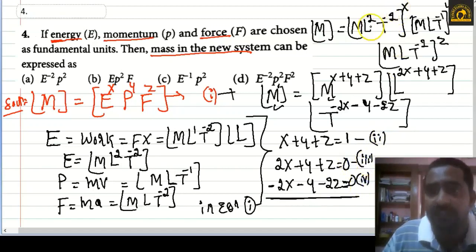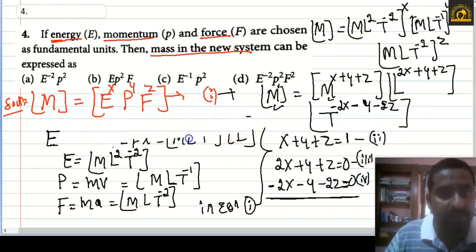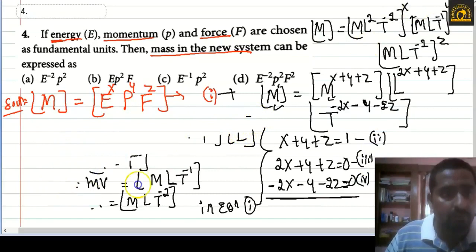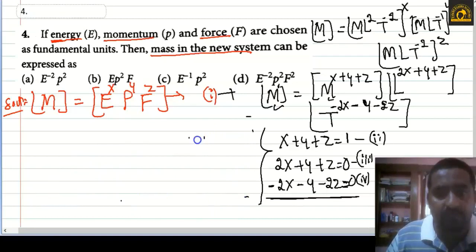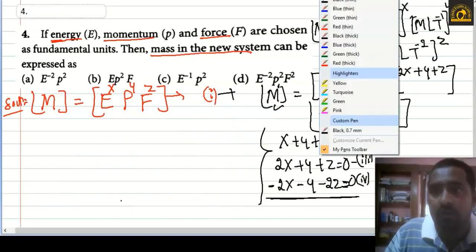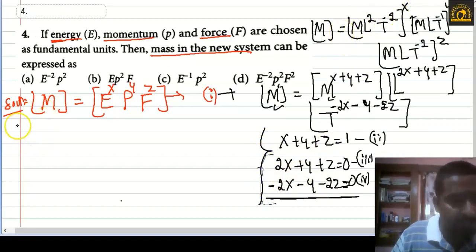So now after simplifying, we get the answer. Equations 3 and 4 are simplified.